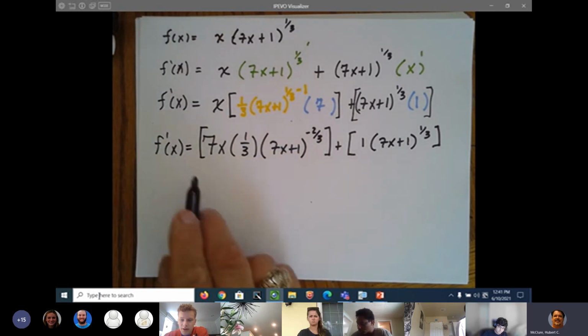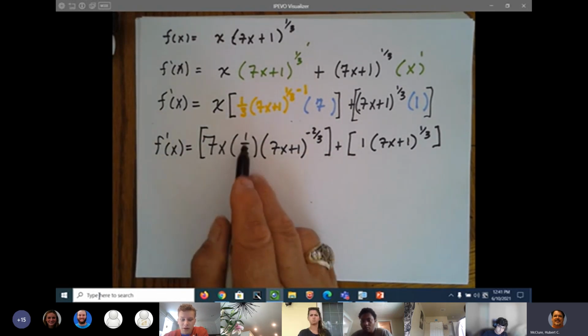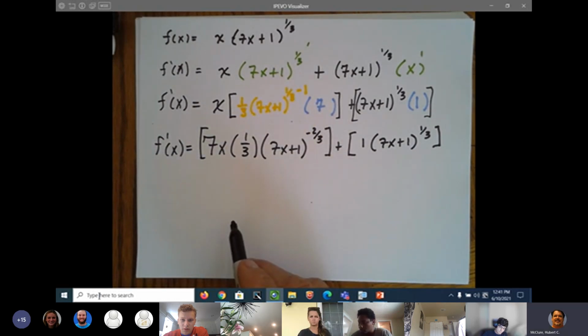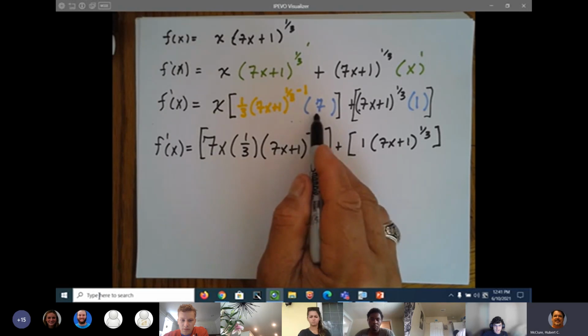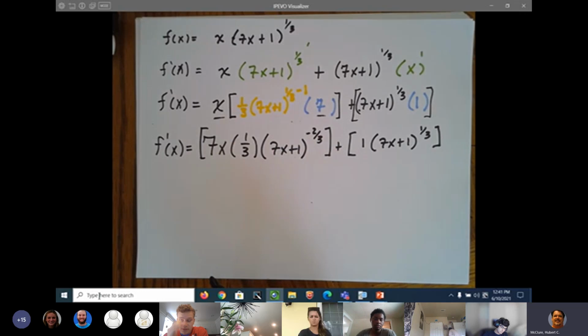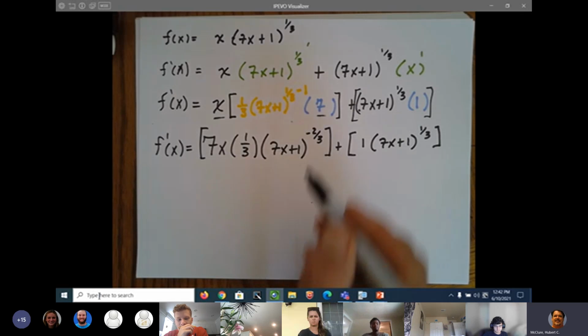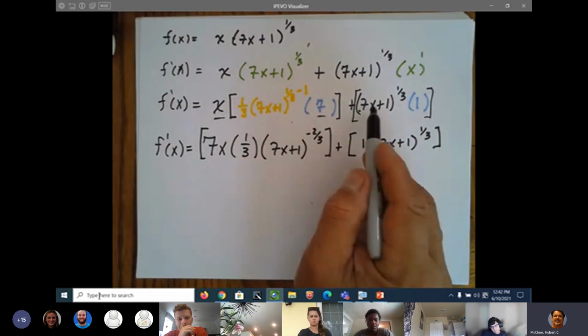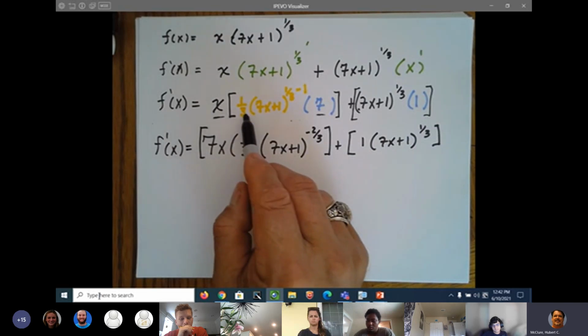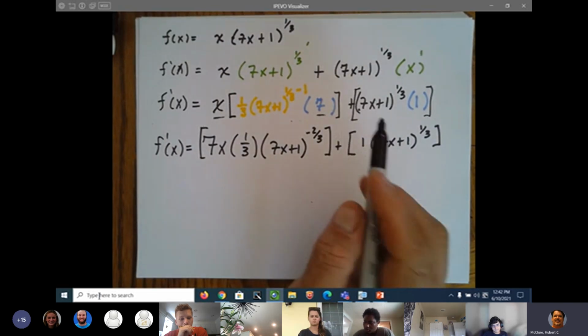You could have skipped this step and gone 7x over 3, blah, blah, blah. Where did you get 7x from? 7, right there. See it? Yes, sir. Now, is that very popular in calculus? Yes. This 7 comes out here with this x. And the 1/3, get used to that. You're going to be doing that a lot.